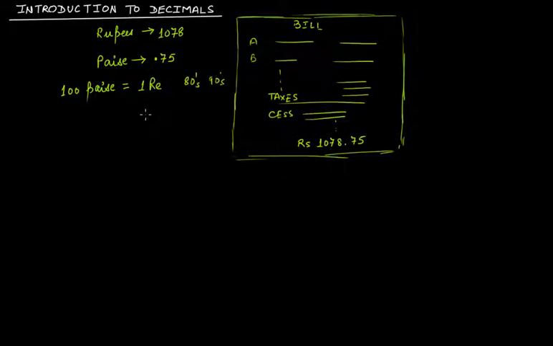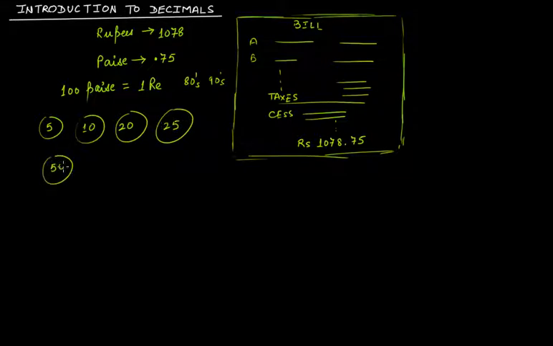We used to have a 5 paise coin, a 10 paise coin, a 20 paise coin, a 25 paise coin, a 50 paise coin, okay, and then after 50 we used to have a 1 rupee coin, which still exists. We have the 1 rupee coin, but these coins of 5 paise, 10 paise, 20 paise, 25 paise and 50 paise don't exist anymore.